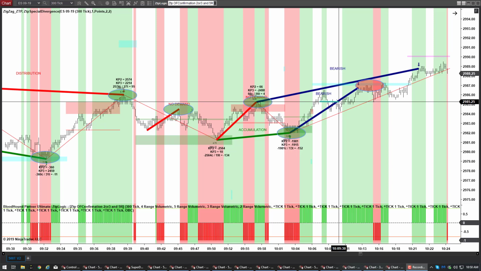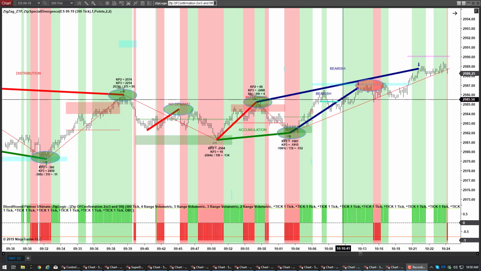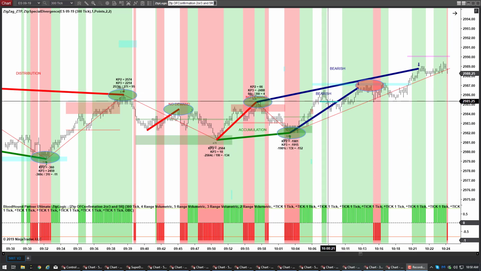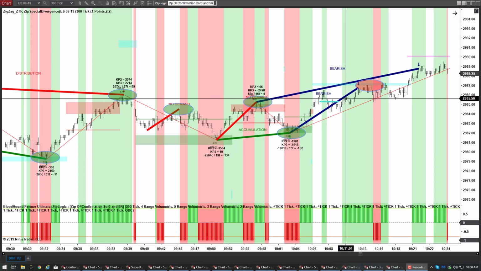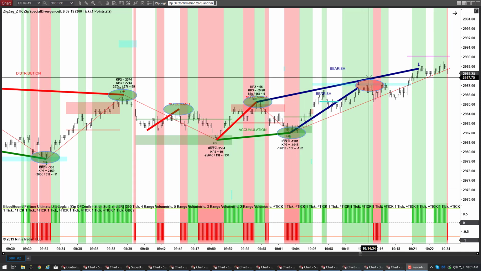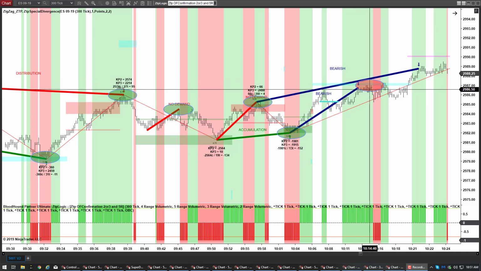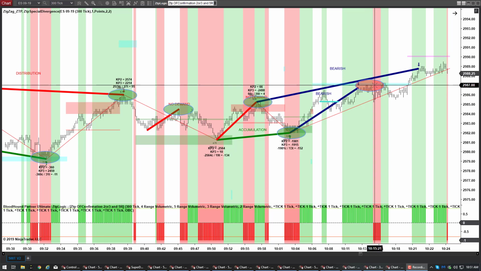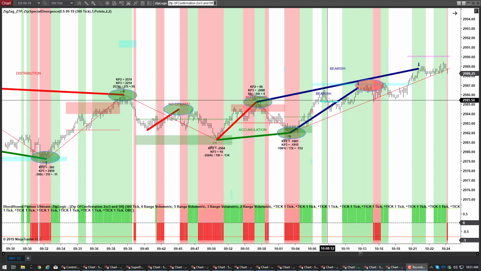So if we look at this right here, we now have the opposite confirmation. And so if we did enter this, what is our loss? It's going to be 1 tick. And so this was called a loss and taken as a 2-point stop loss in the numbers that I did yesterday.